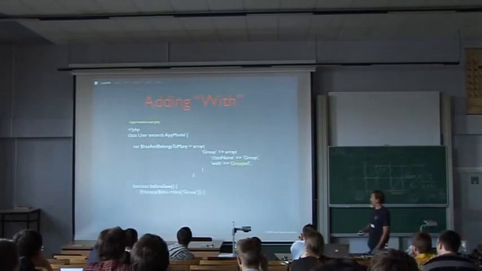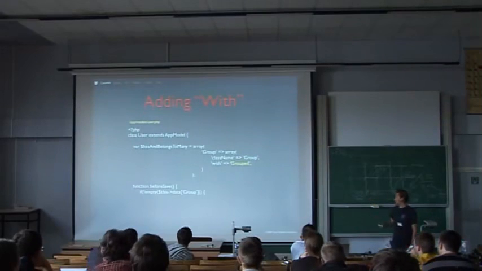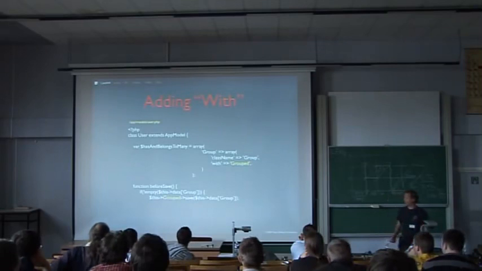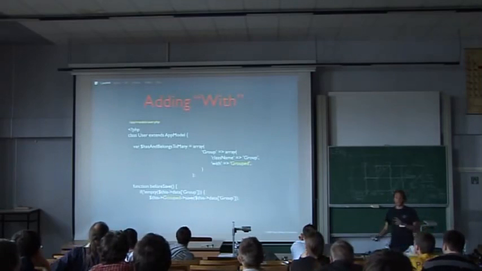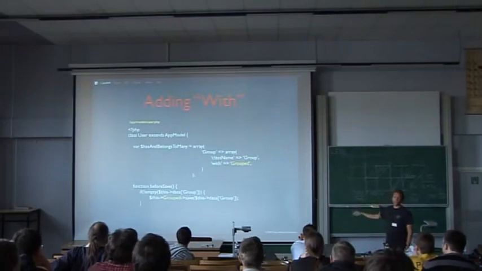In the beforeSave function, if the Group array of data is filled up, then we're going to save that into the grouped table. Assuming that would have our date in it, that would have our user ID, that would have our group ID. We'd save that right into that groups_users table that we saw before.